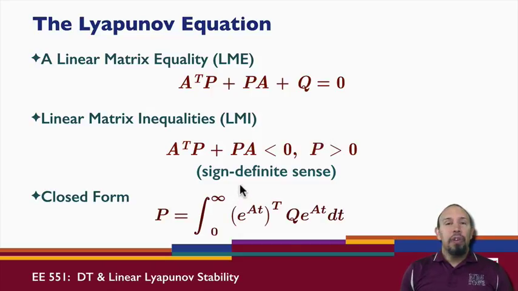As in the discrete time problem, I can also obtain a closed form solution for P. If my system is stable, then e to the At goes to 0 as time goes to infinity, and therefore this integral converges, and we can actually define P this way.